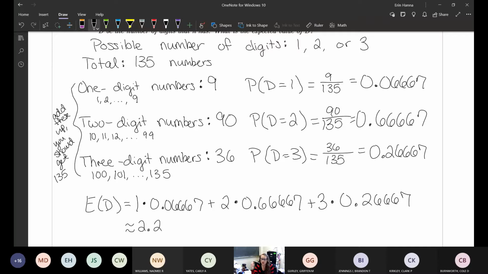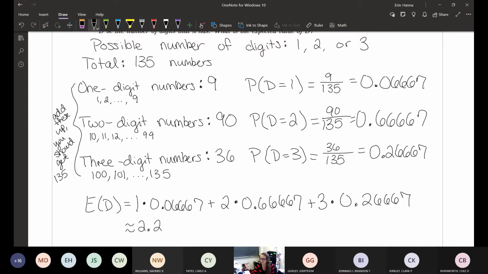Now, again, sometimes it has a meaning contextually, and sometimes it doesn't make logical sense. So this is essentially saying, on average, if you just chose a random number between 1 and 135, you could expect on average to pick a 2.2-digit number, which again is why I say that it has context, but sometimes it doesn't make logical sense.